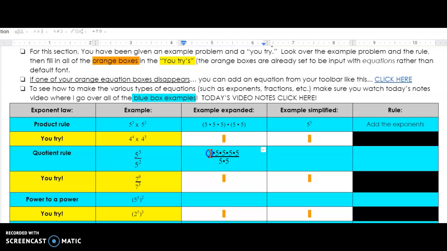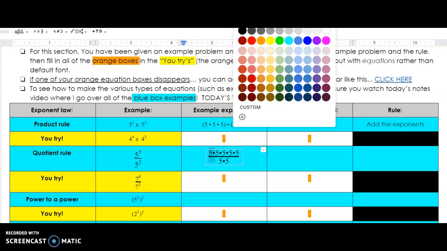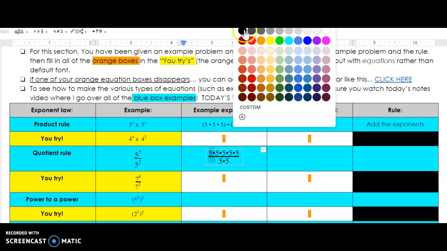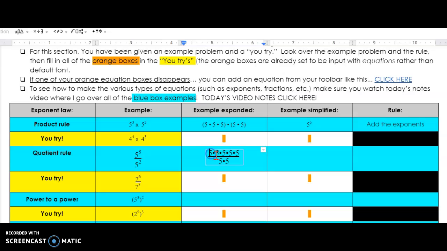So 5 over 5 becomes 1, or basically it kind of disappears. Because I can't strike a line through it, I'm just going to change the color. I don't know if it's going to let me do that. Let me see if I can highlight. Okay, well then we're just going to have to imagine it.